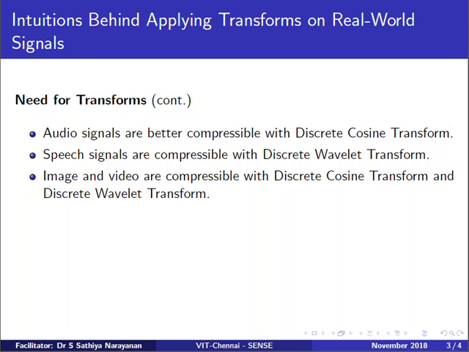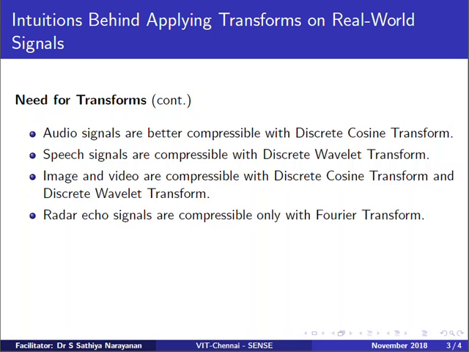Therefore we can consider only the 2x2 patch that contains the maximum information, and the rest can be assumed to be 0. There will be loss, but the loss is not that much. So we can transmit the 2x2 coefficients, and thereby we achieve compression. Similarly, we can achieve compression of image and video by subjecting it to discrete wavelet transform as well.